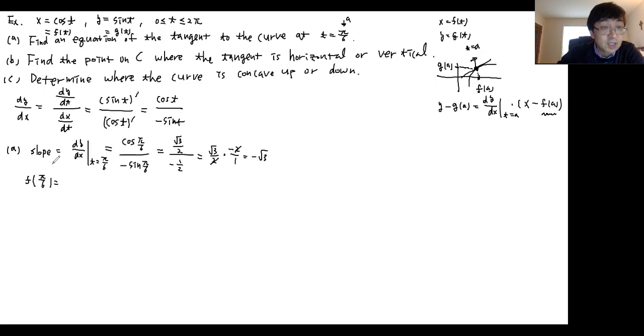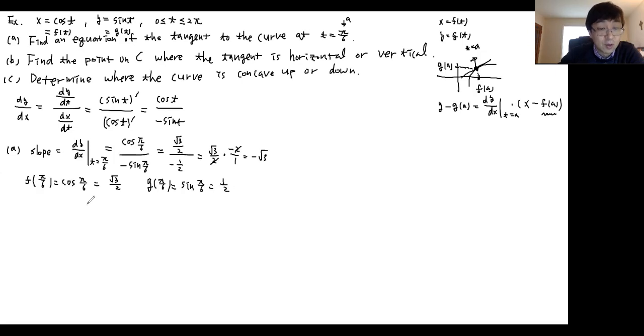You plug pi over 6 into the x component, cosine of pi over 6, which is root 3 over 2. What is g of pi over 6? You plug pi over 6 into the sine function. Sine of pi over 6 is 1 over 2.